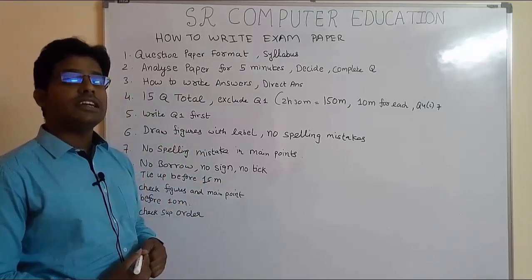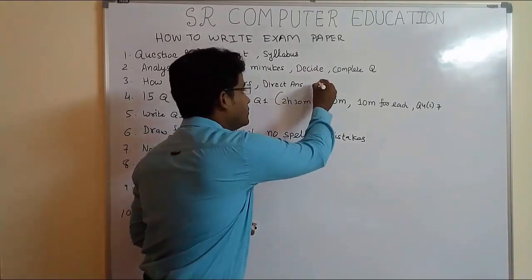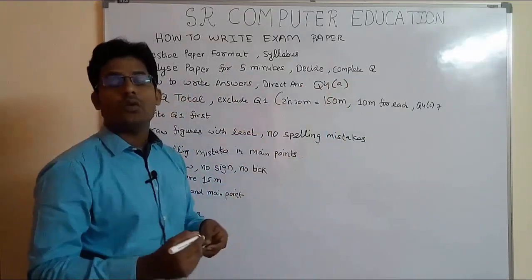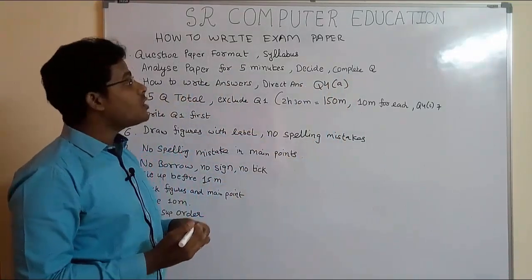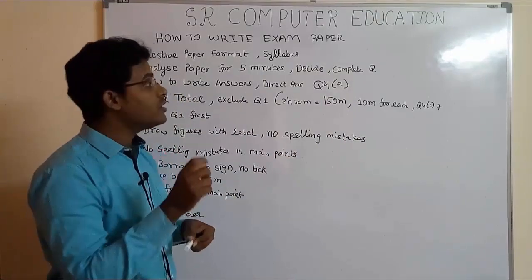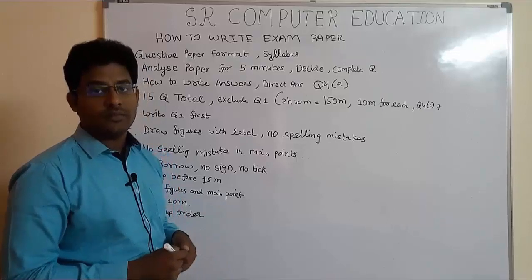So suppose you have decided on question 4. Start with question 4. Question 4A, question 4B, question 4C. Whatever questions are given in main question 4, you have to complete all of them.